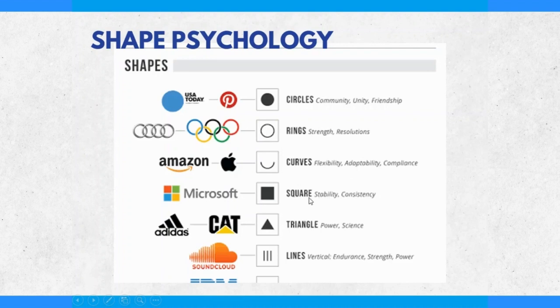You have square in Microsoft for stability and consistency. You have triangle in Adidas, and for power, we have lines. Different lines communicate too. So all of these things are used by brands to communicate something to their client base.